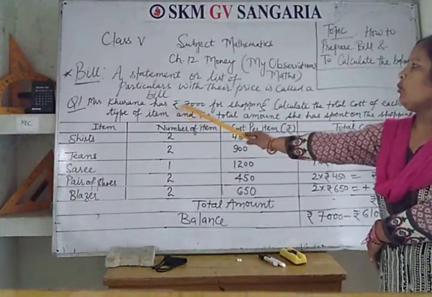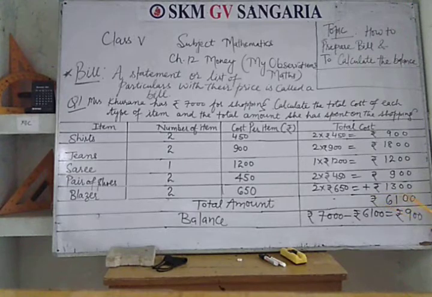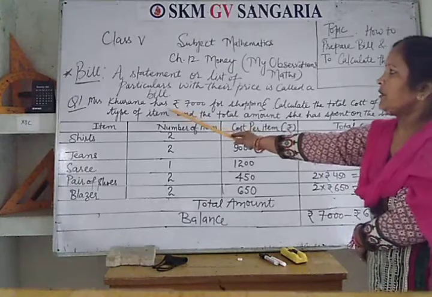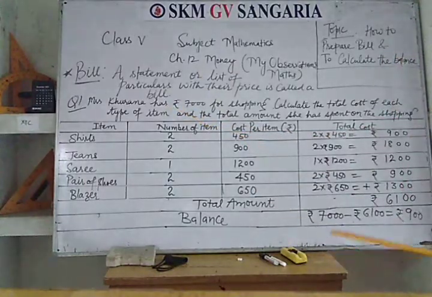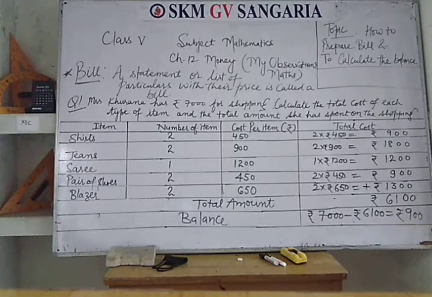She was having rupees 7000 before shopping. You will subtract the total money spent from the total money she was having. So rupees 7000 minus rupees 6100. After subtracting, you will find it is rupees 900. So the balance will be rupees 900.